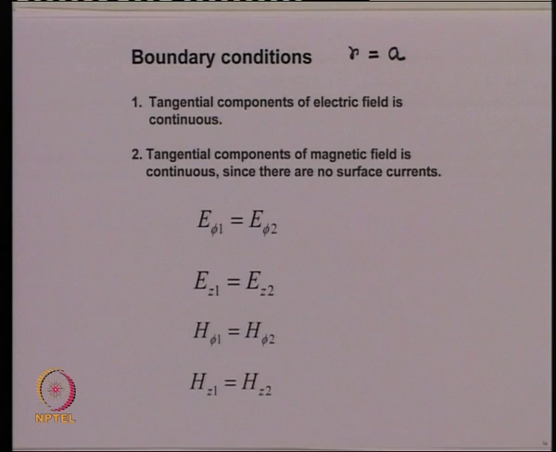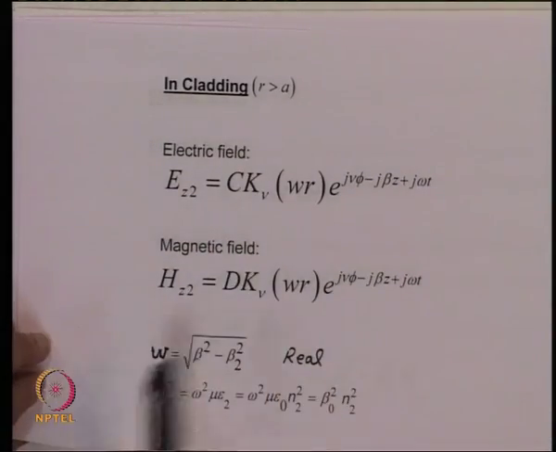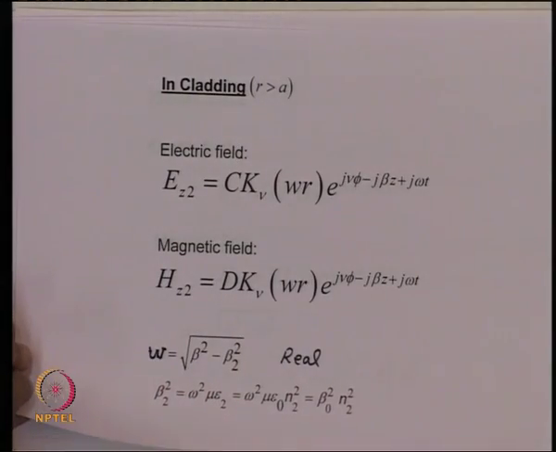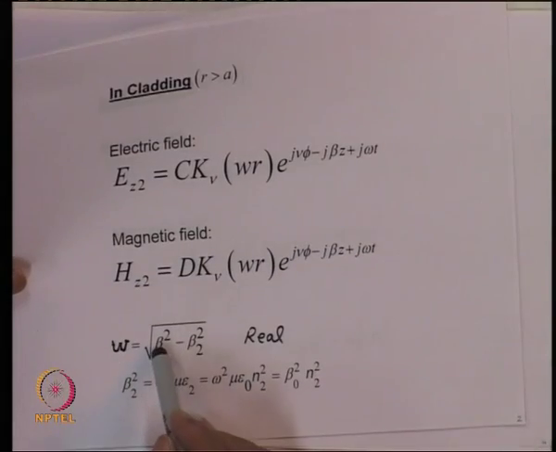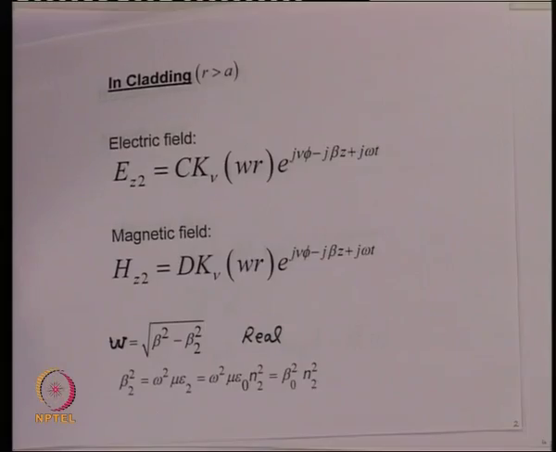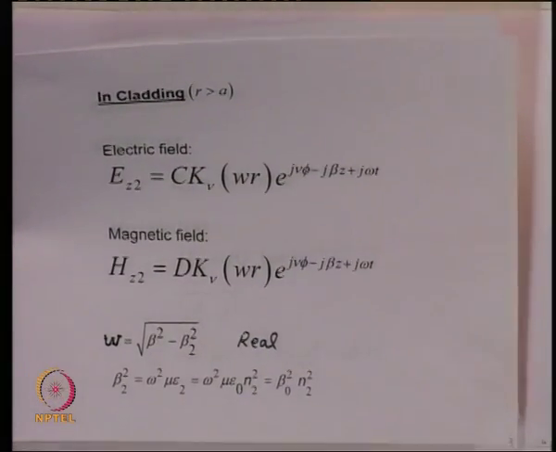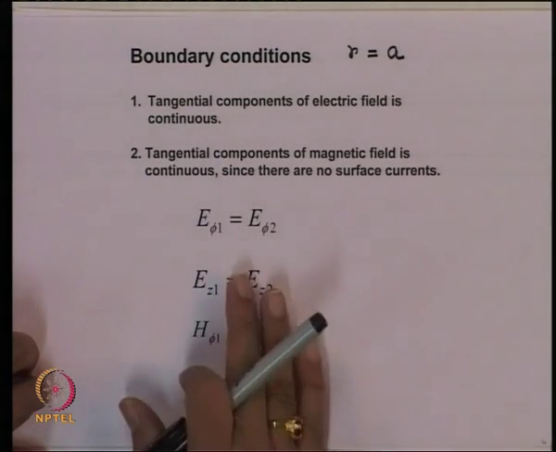And how many unknowns do we have? We have 5 unknowns overall. We have 4 arbitrary constants A, B, C and D, which represent the magnitude of the electric and magnetic fields, and the component beta, which is the phase constant of that field distribution in the fiber. So overall we have 5 unknowns, and from the boundary conditions we get 4 equations.